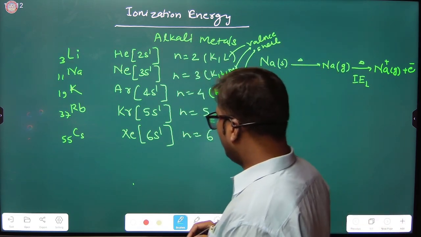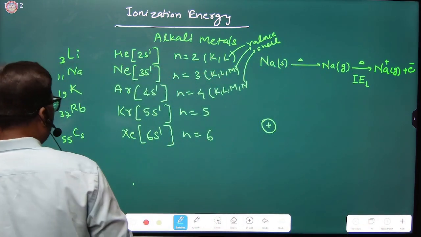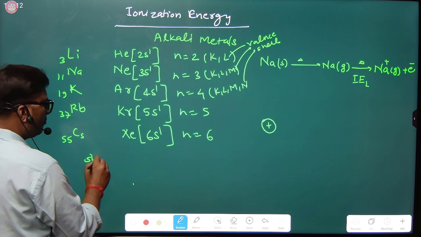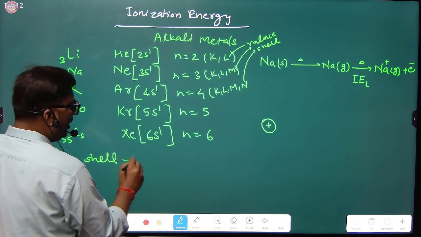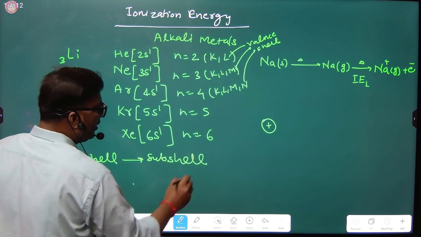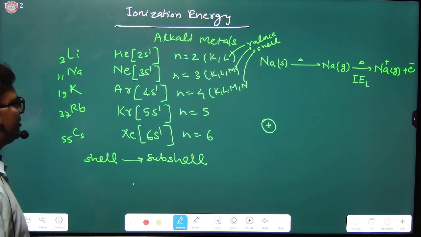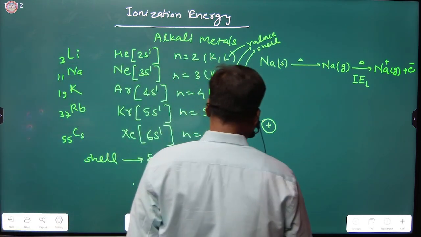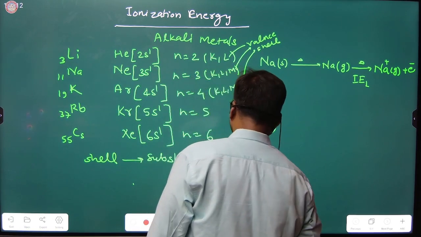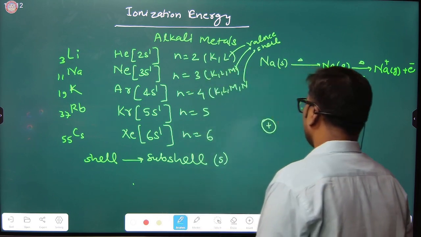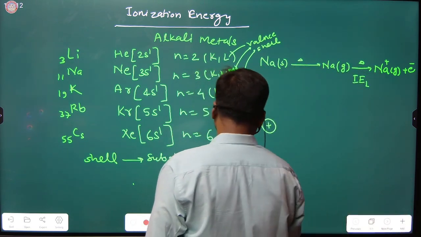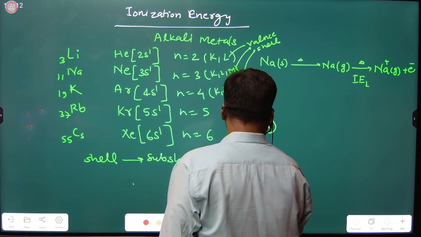Each shell is composed of subshells. The subshell for the alkali metals is fixed, that is the s subshell, and the s subshell contains one electron.